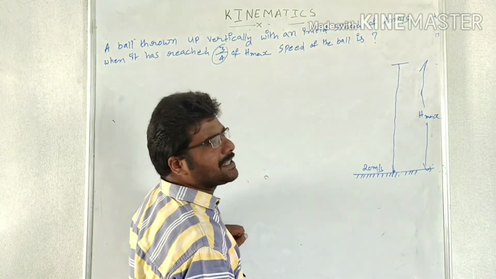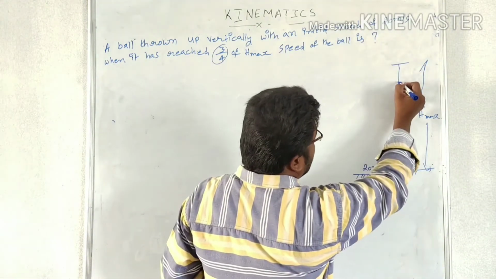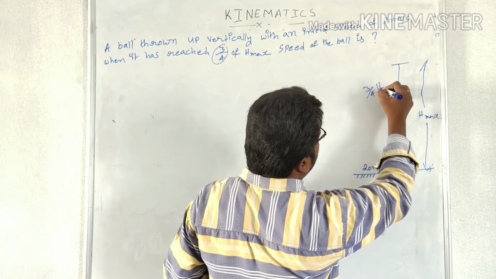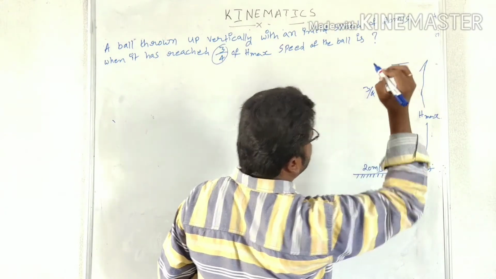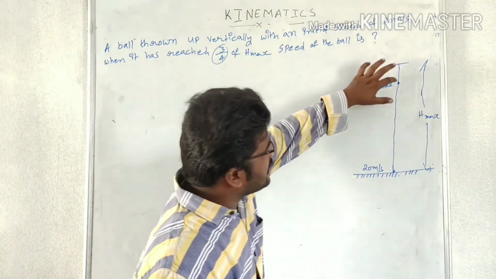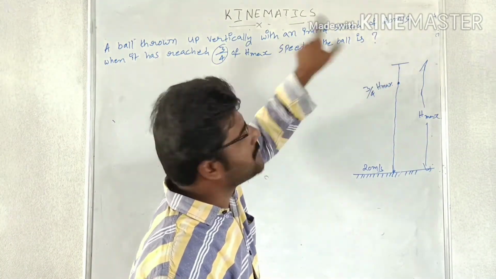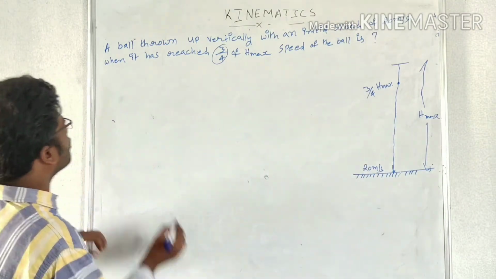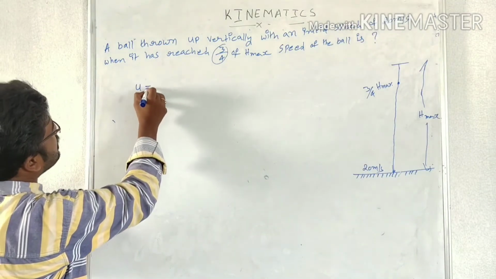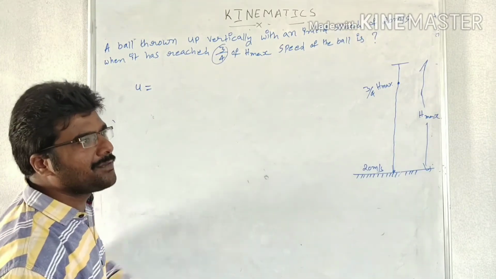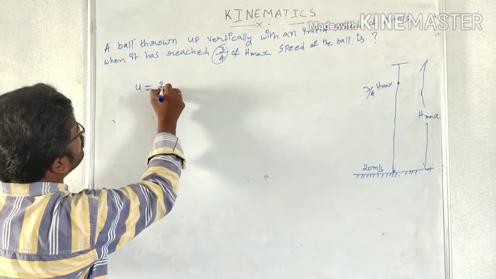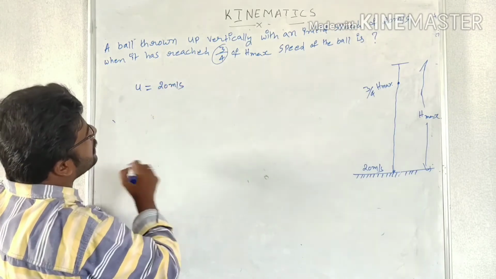Now we want to calculate the speed of the ball at 3/4 of maximum height. So at this point, what is the speed of the ball? The given values: initial velocity is represented by the letter u, u equal to 20 meters per second.